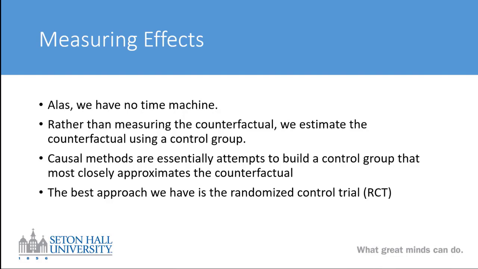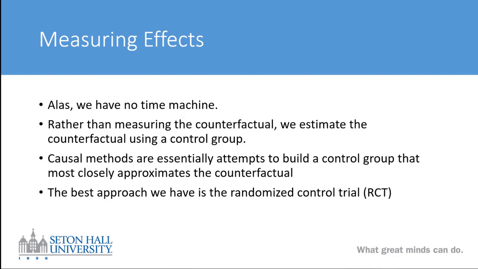We estimate the counterfactual using some sort of control group that we want to be as similar as possible to our treatment group. And so the set of causal methods that we're going to talk about in the second half of this talk are essentially just different ways to build a control group that we think is as close to the counterfactual as we can get. Which, remember, the counterfactual would be those same people who received treatment, but in this imaginary world did not receive treatment.